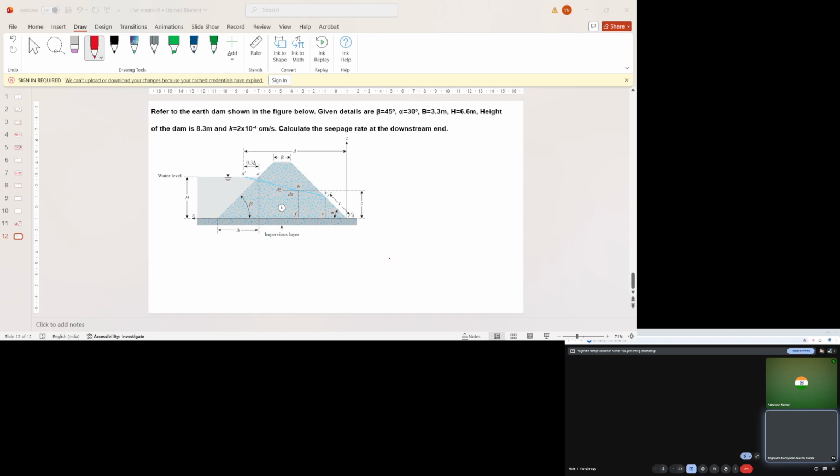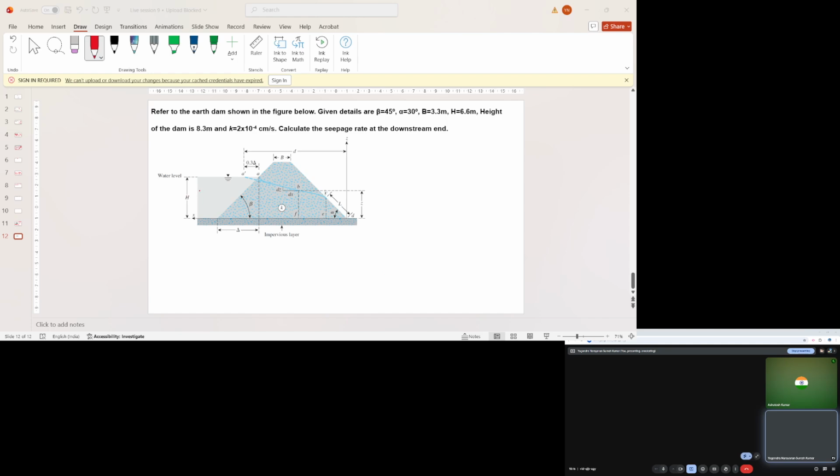Beta is 45 degrees, and delta is how much? Delta is equal to H, so delta is equal to 6.6 meters. Tan 45 is 1, right? Now we need to calculate x.